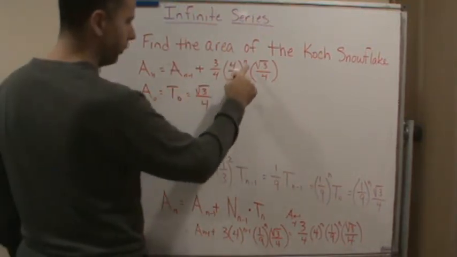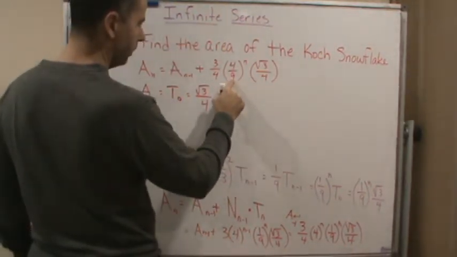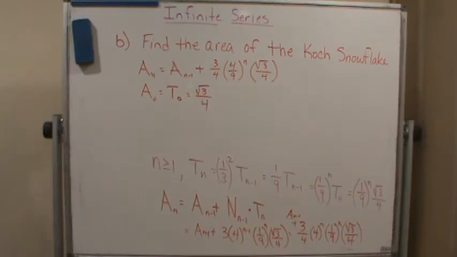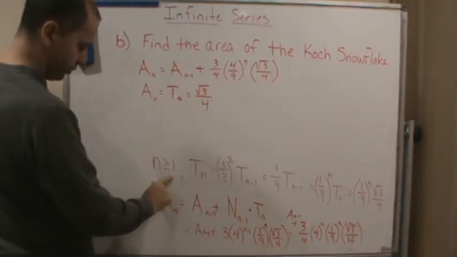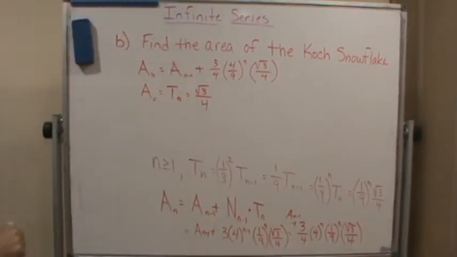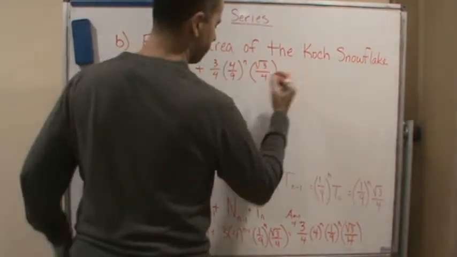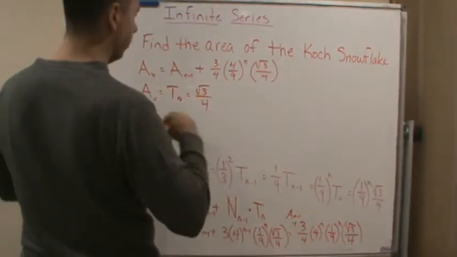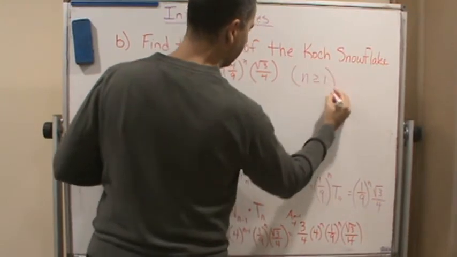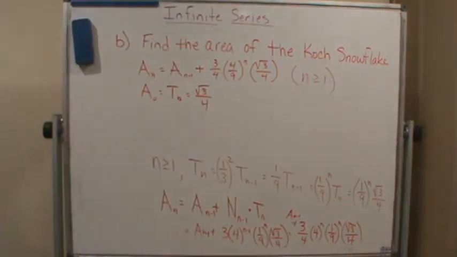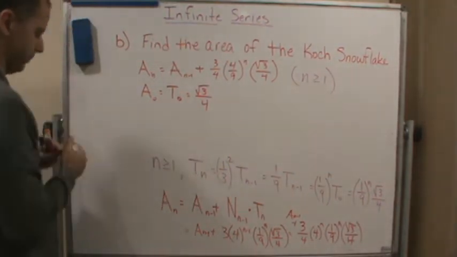Well, at 0 this is divided by 0, so we're not there yet. So just not to forget, this is for n greater than or equal to 1. So we know that a sub 0 is equal to this.